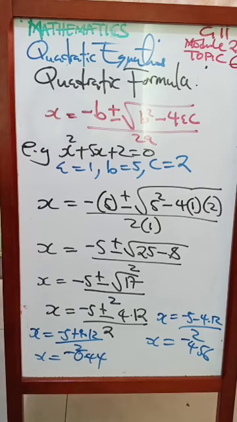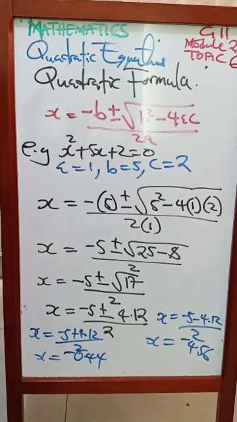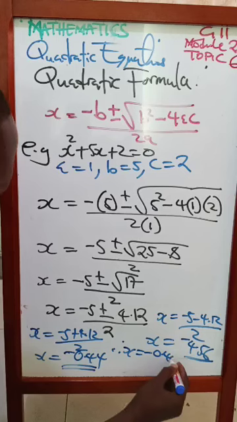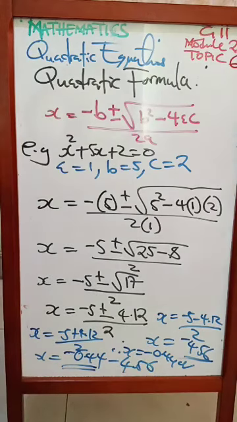Here you're going to get negative 0.44. So these are the two values of x. We can therefore conclude that the values of x are negative 0.44 or negative 4.56. So those are the two values of x.